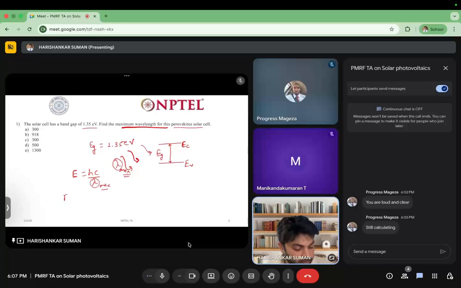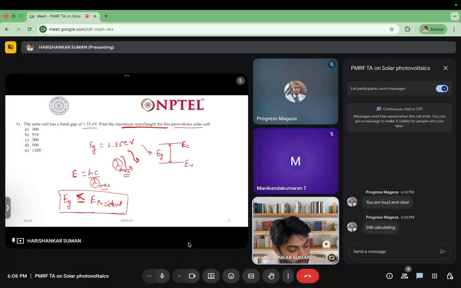So you know band gap Eg is less than or equal to the incident photon energy. If the energy of the incident photon is less than this band gap, your solar cell will not absorb the photons. So incident photon energy should be greater than or equal to. So the maximum case is equal to.